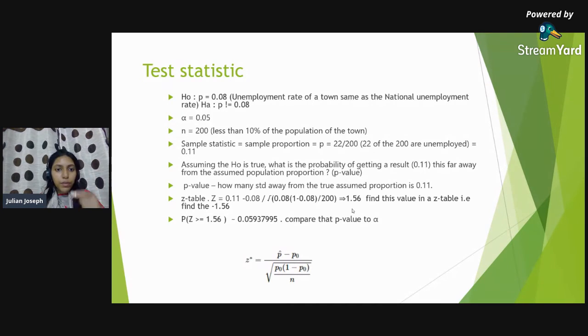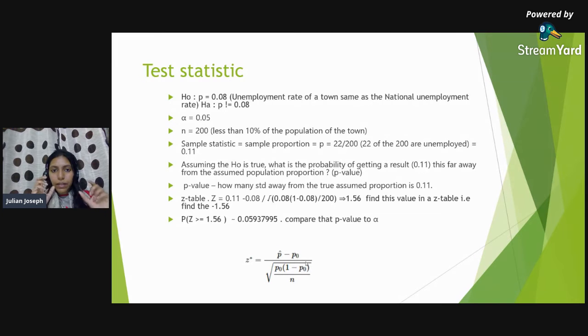So if you have 0.08 at the very center, how many standard deviations away is it from that? For this, we make use of the test statistic called Z. We'll be making use of the Z table here. Just for a very quick introduction, here we have this formula which is being used. There's a way to prove all of this, and you'll definitely find enough material for this, or you can reach out to me for the material.